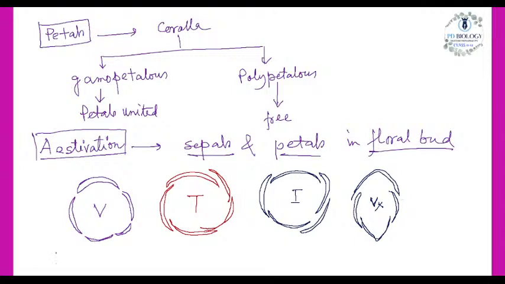So valvate is common in calotropes. Twisted in China rose.